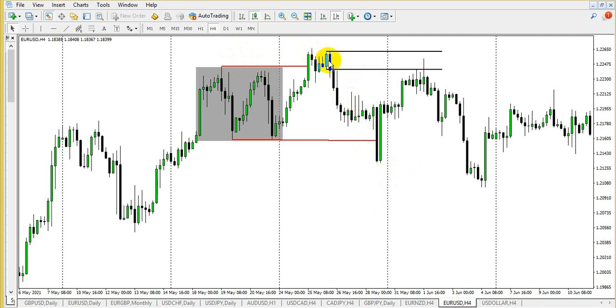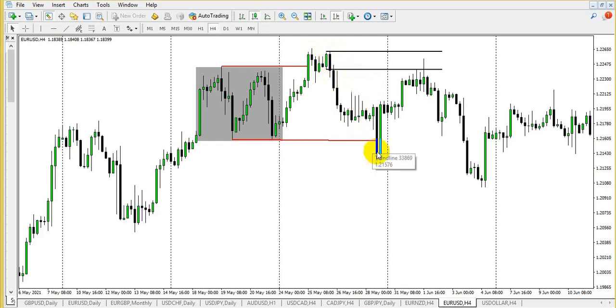And when they inject their funds into that order block, like I told you previously, central banks, when they inject their funds into the marketplace, it creates a big move or fast move.